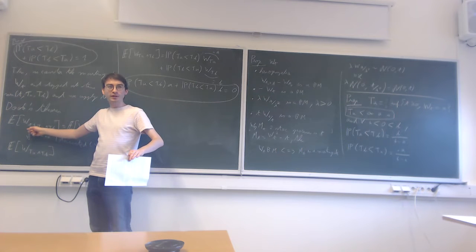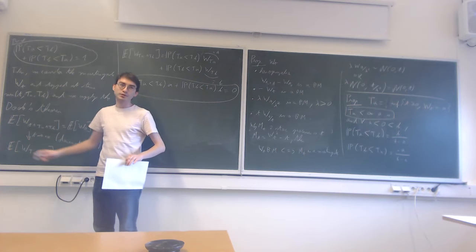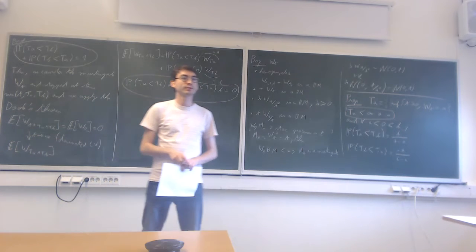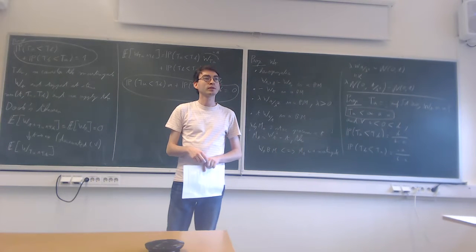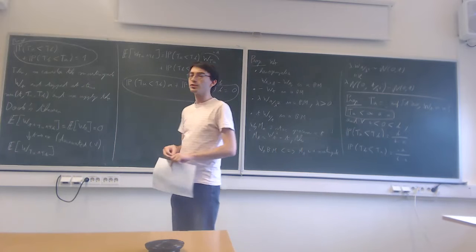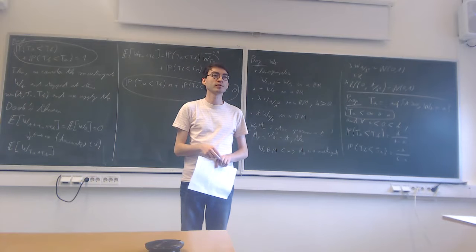This way you can apply it, and then you apply dominated convergence to get what you really want. Can this assumption satisfy one of the two other assumptions of the theorem? I don't think so, not in this case. That's how we do it.